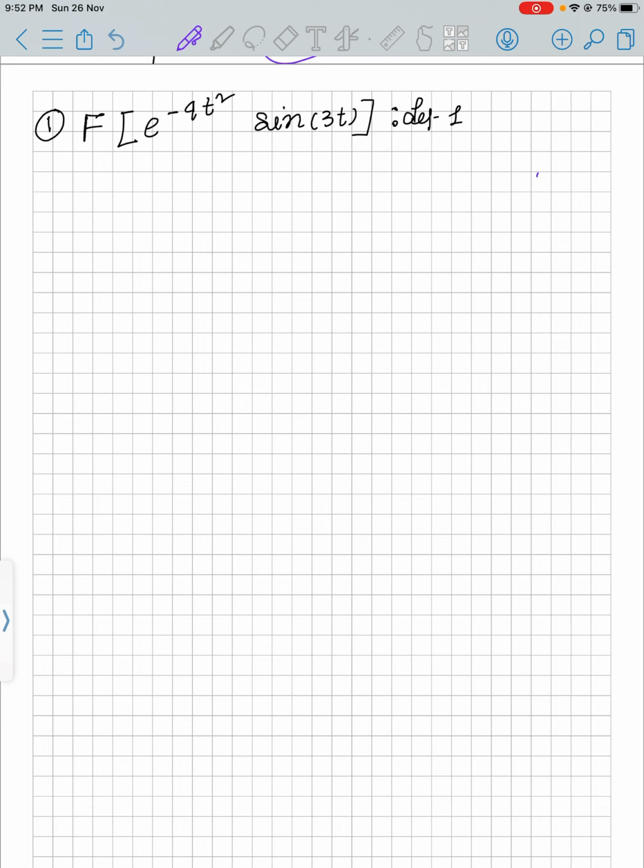You see there is a property named the modulation property. So what is this property?